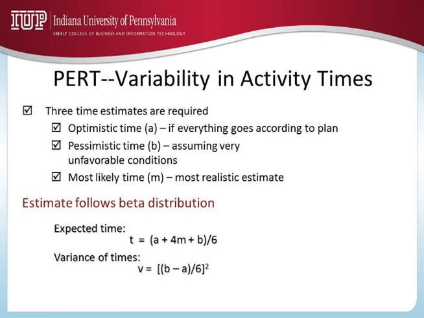Similarly, pessimistic time. This is the longest time that you can take if everything that can go wrong actually goes wrong. So very unfavorable conditions. So for example, in this case, M was 60 days, A was 40 days, B, for example, can be 90 days.